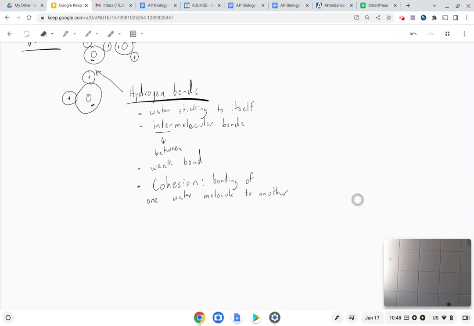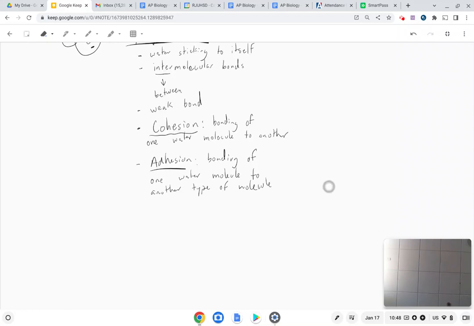We're going to contrast that with another vocab word, which is called adhesion. And adhesion is when you've got the bonding of one molecule to another type of molecule. So this could be like a water molecule bonding to the surface of a leaf, for example.